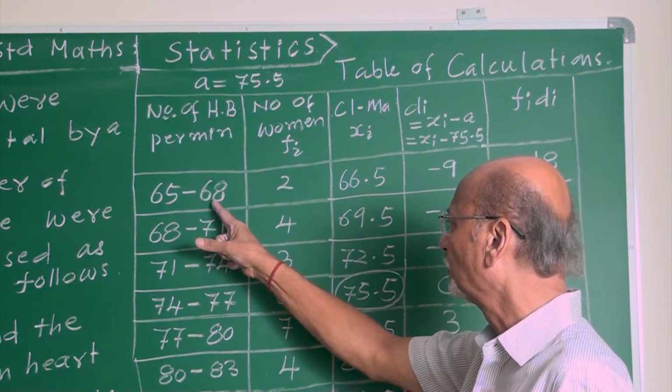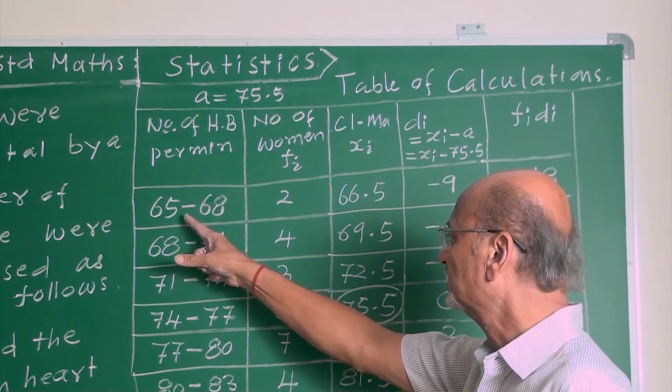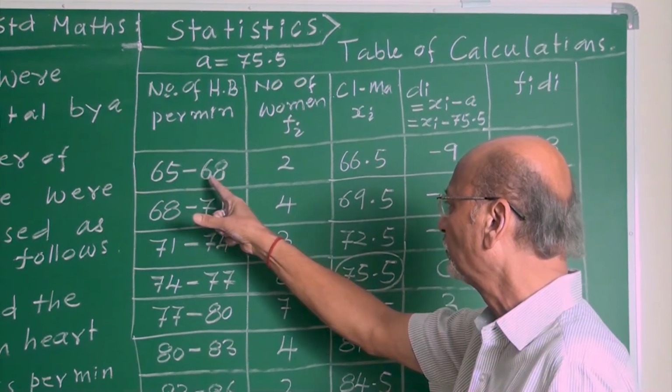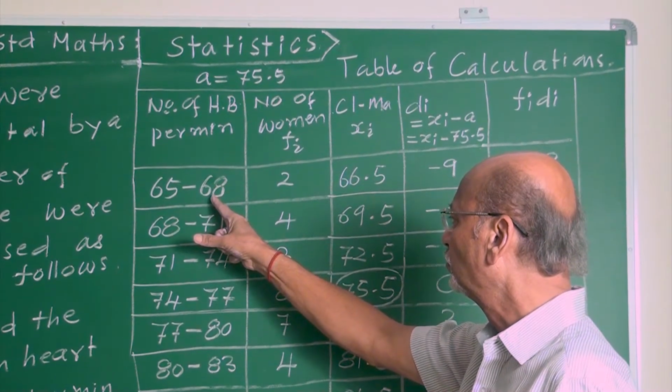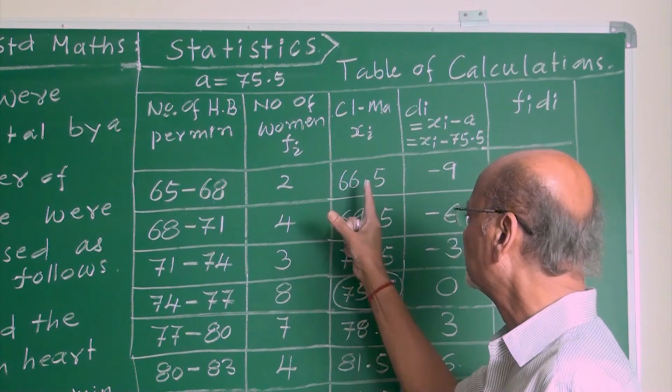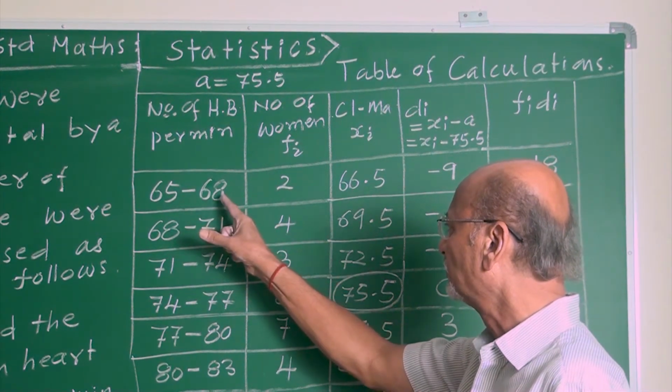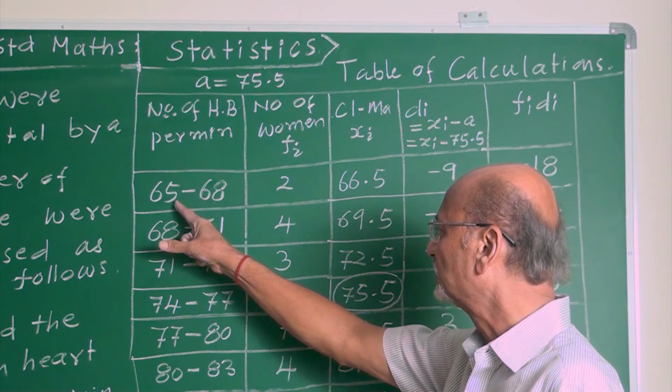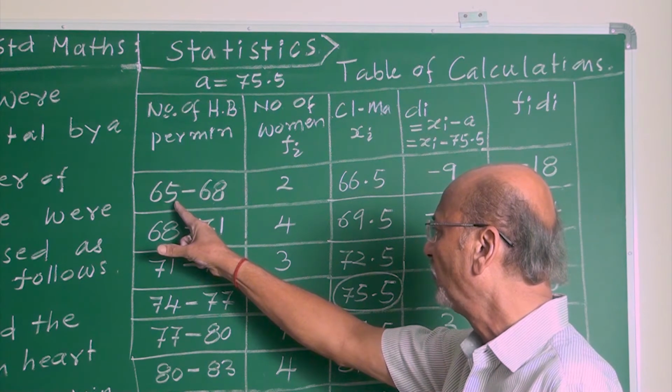65 plus 68 divided by 2. 65 plus 65 divided by 2, 2 times 65 upon 2 is 65 plus, what is the difference? 8 minus 5 is 3. 3 divided by 2 is 1.5.